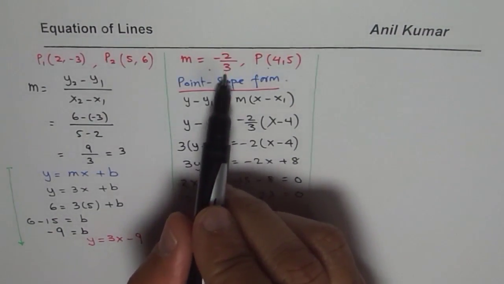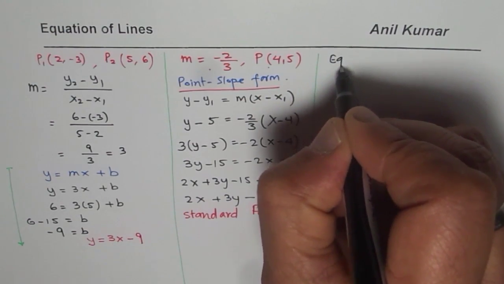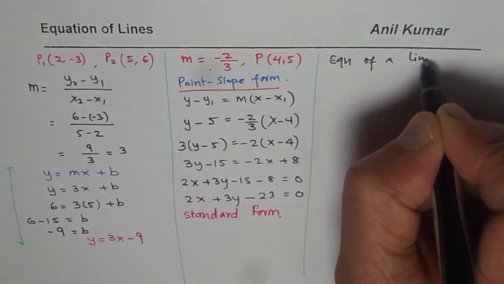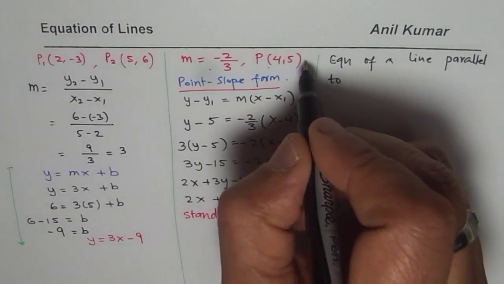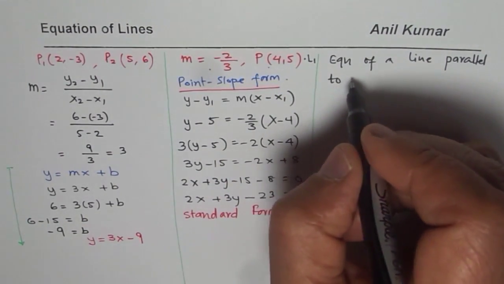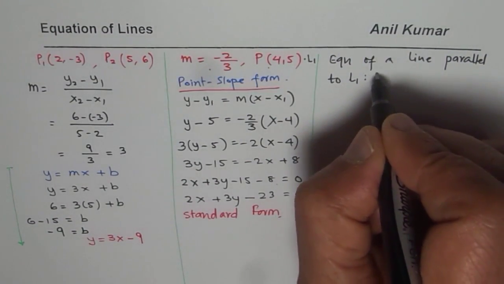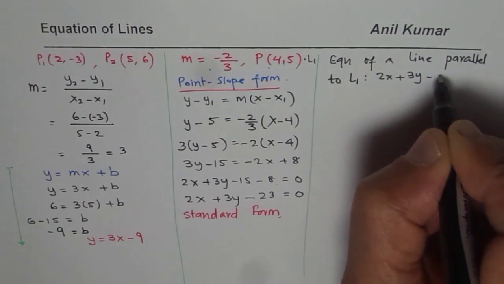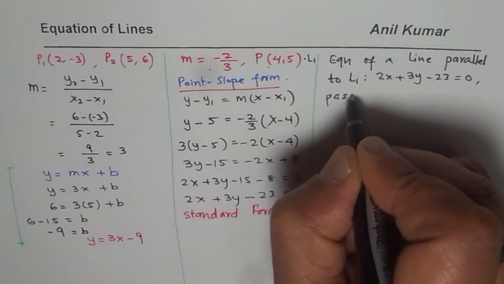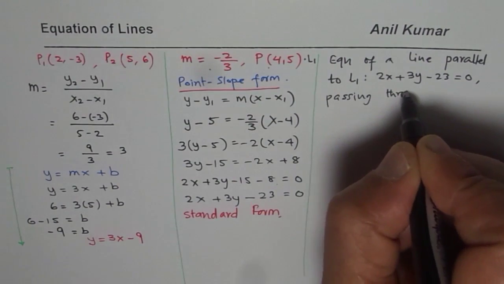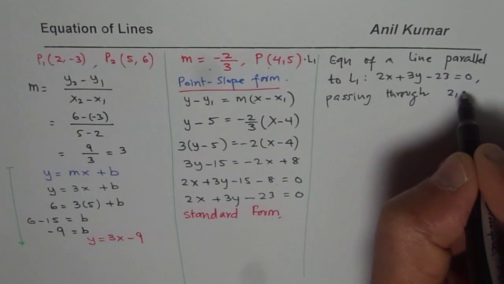Let us say you're given the slope of this, and now your question is find the equation of a line parallel to, we'll call this line L1, parallel to L1, which for us is 2x plus 3y minus 23 equals 0, passing through the point 2, 1, let us say, right?